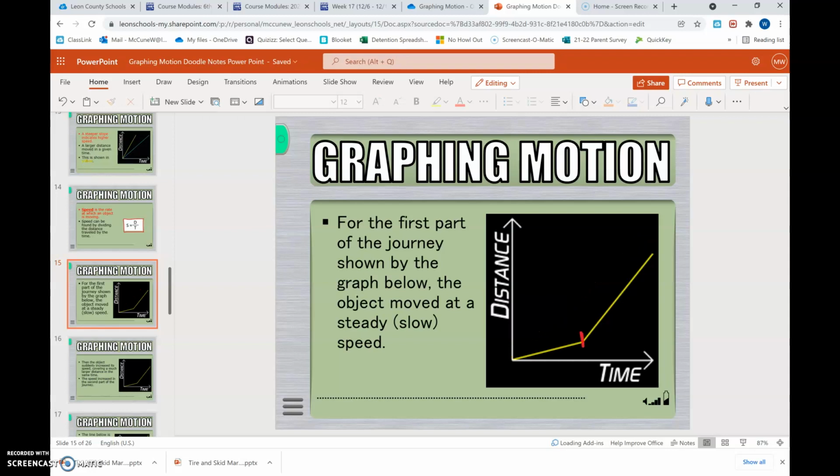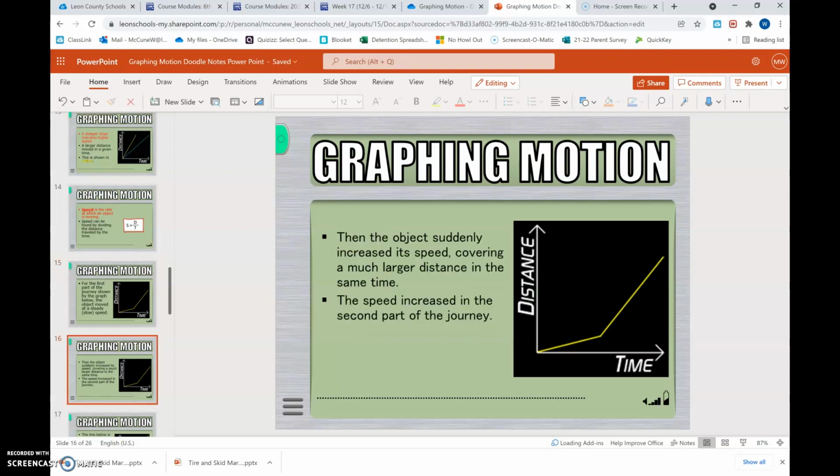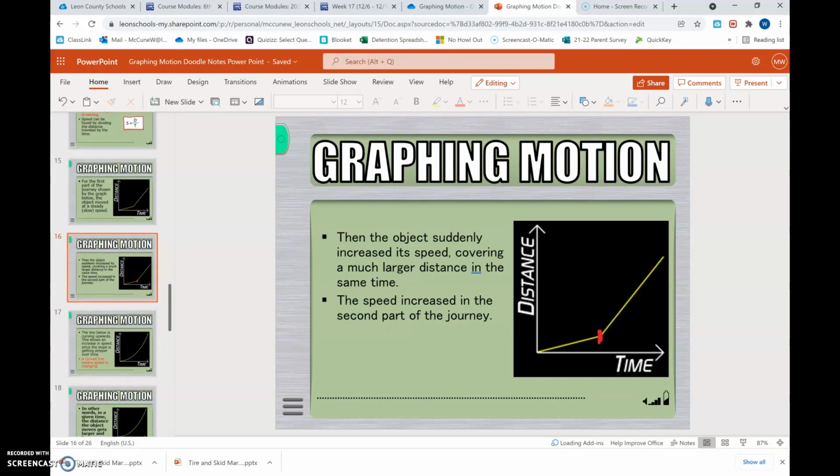But for interval number 1, this is a constant speed because it has a straight line. Interval number 2 is also a constant speed, moving in a straight line. Here at this point, the object suddenly increases its speed, which is what causes the line to bend.